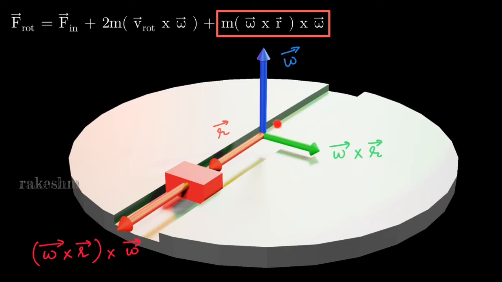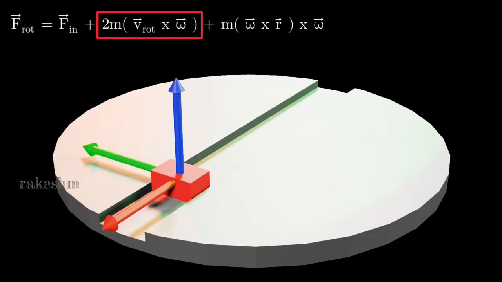The angle between these two is also 90, so the magnitude of this is r omega square. The magnitude of this force is m r omega square and it points in this direction. This is also called your centrifugal force.